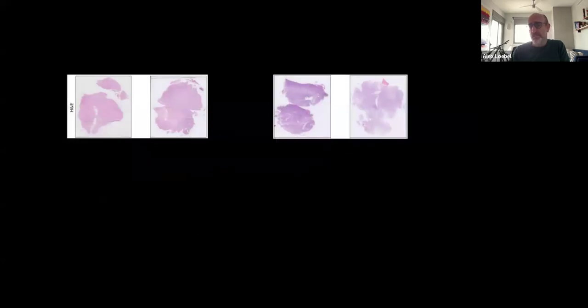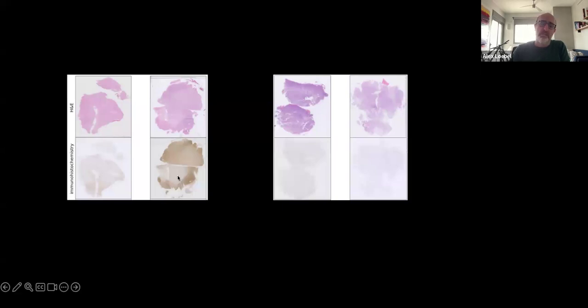So this is something that, for example, we did in the lab. We had some data of glioma patients. Some of them had tumors with positive IDH mutations, and some of them didn't have the mutation. Of course, from the H&E, the pathologist cannot say the status of the mutation.